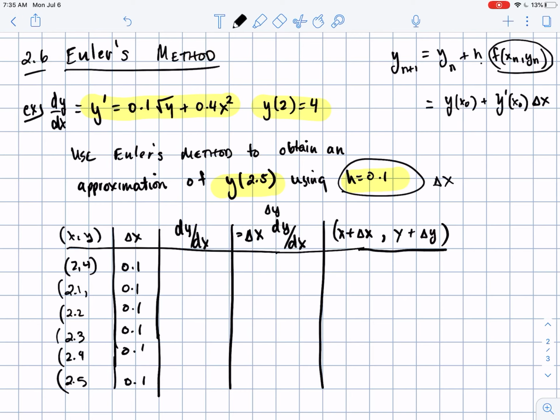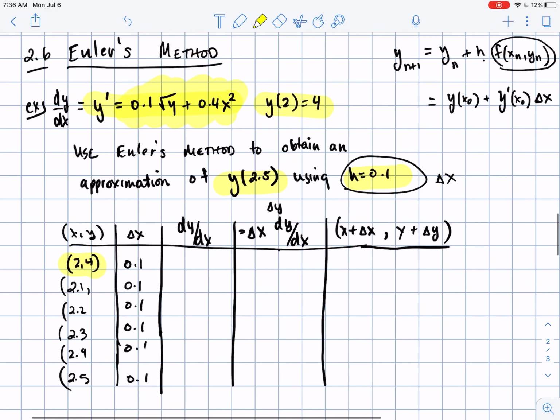So what I'm going to do now is use the differential given, right? So this differential up here and the point. And what we're going to do is plug that in. When you plug that in, you're going to need a calculator here. All right, our y is 4, so we have 0.1 times square root of 4, which is 2, plus 0.4 times x squared, so times 4, which gives me a 1.8 for my differential.